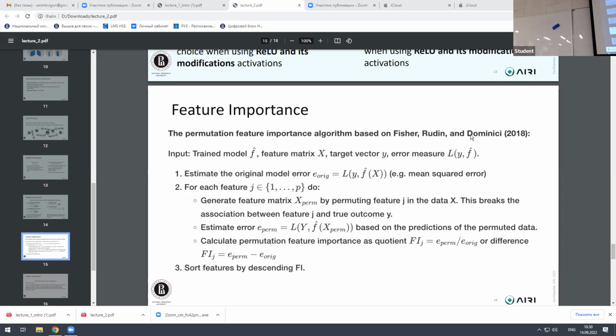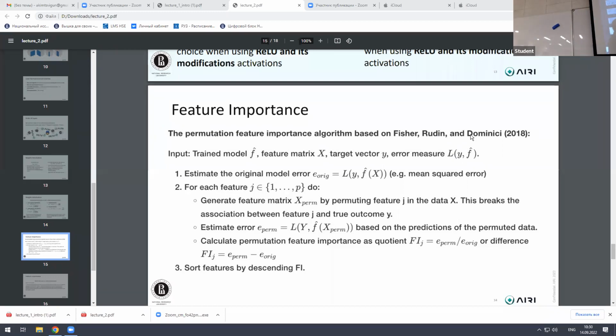Next, we simply estimate the error with the result of our model for this permuted data set and the target vector. If we want to have as precise results as possible, repeat these two steps for some number k of steps and average the results.